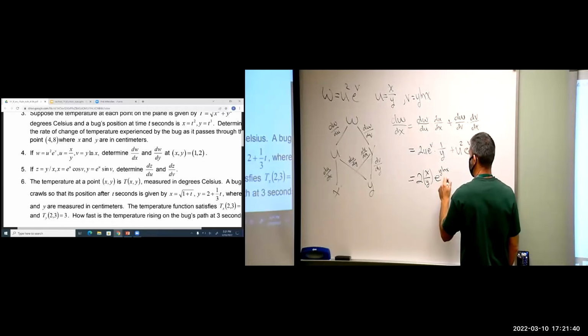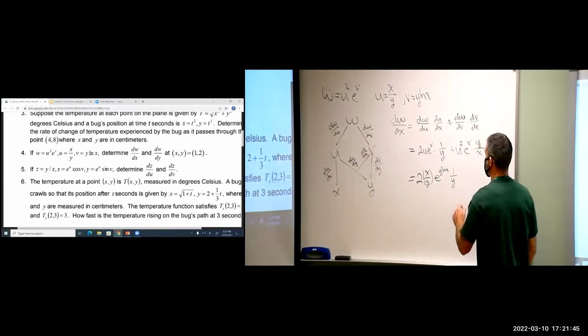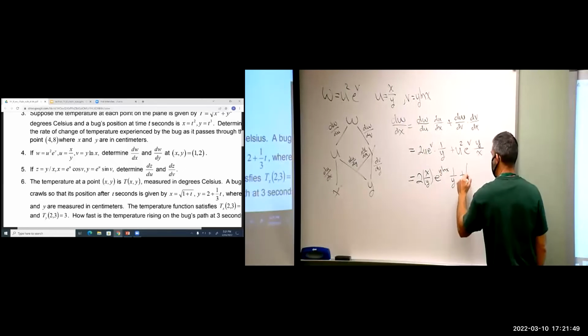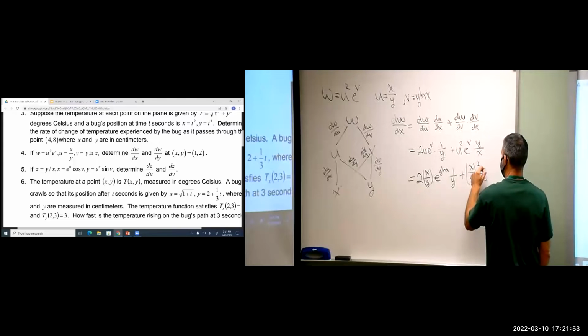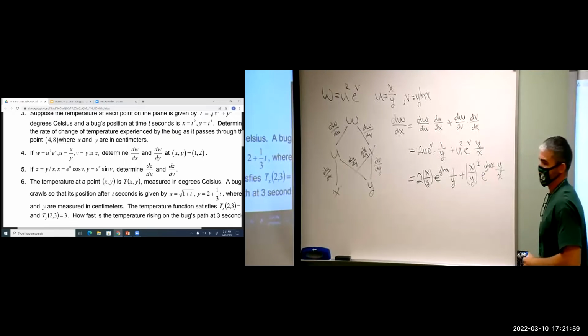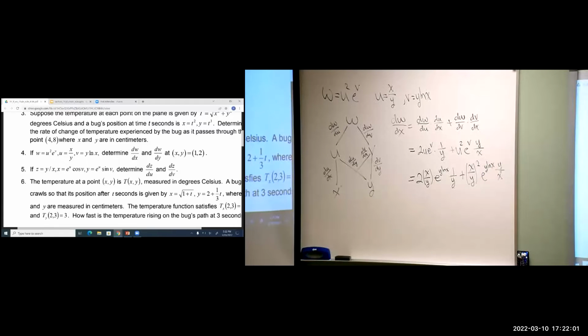We're going to be able to simplify that a little bit. Times 1 over y, plus u, again, is x over y, so x over y squared, e to the y ln of x. This is already in terms of y and x. That is the derivative. That is dW dx.